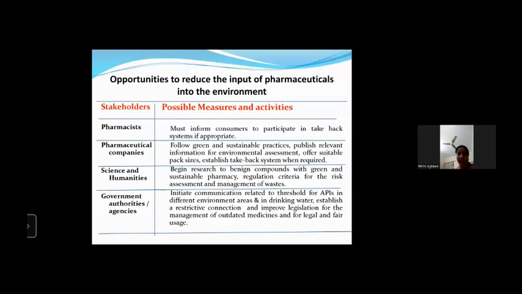They must initiate communication related to thresholds for active pharmaceutical ingredients in different environmental areas, and especially in drinking water. They must establish restrictions and improve their legislation for the management of outdated medicines and for legal and fair use. And the last responsibility, of course, is no one but us.